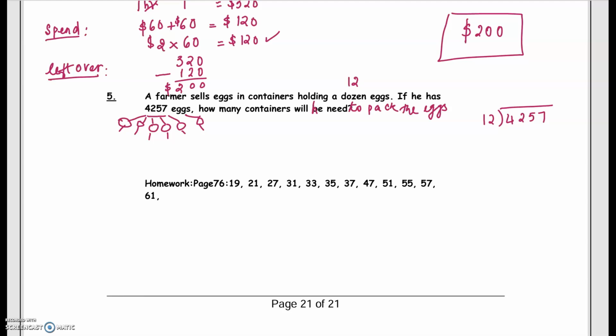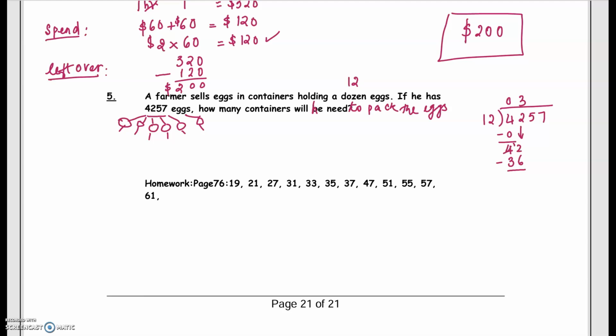So 12 goes into 4 0 times, subtract to get a 4, bring the 2 down. Again, ask yourself, how many times does 12 go into 42? It goes a maximum of 3 times because that's 36. 12 fours are 48, which is over 42.